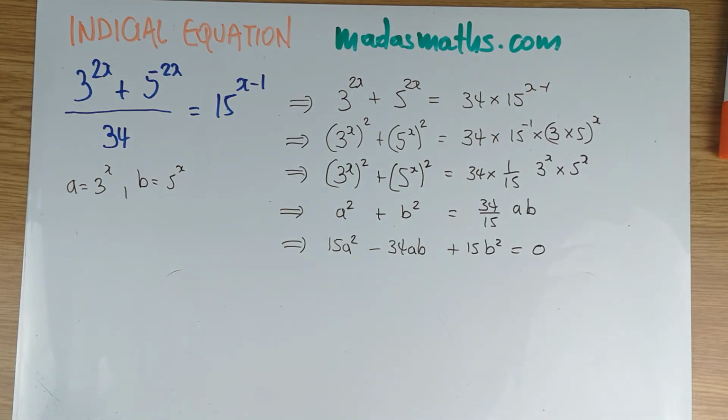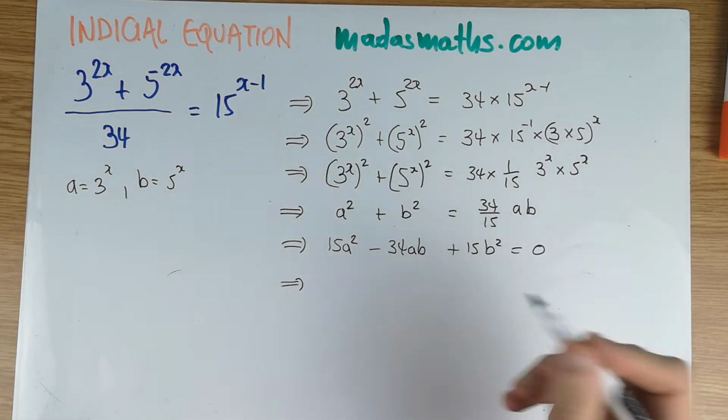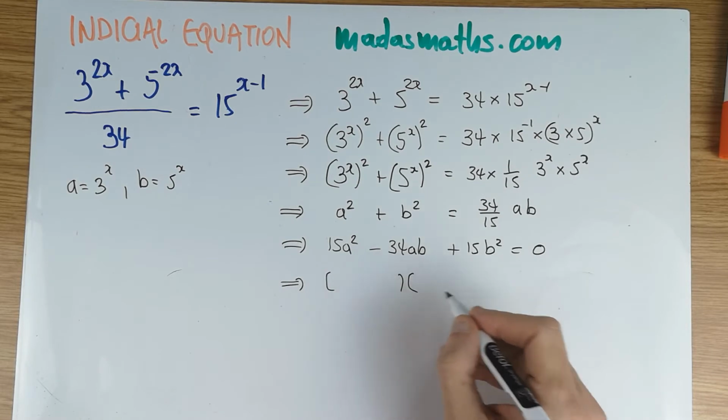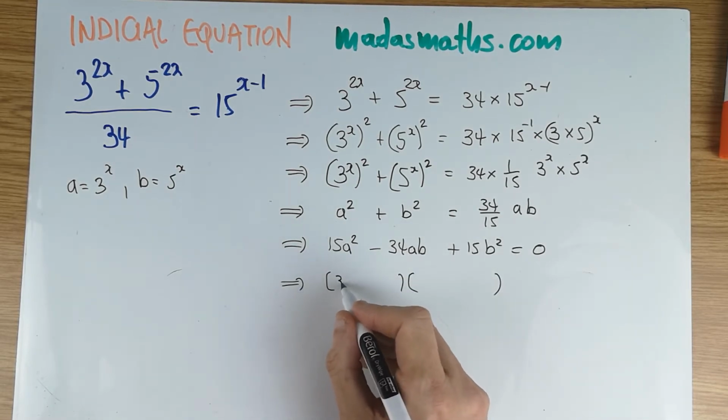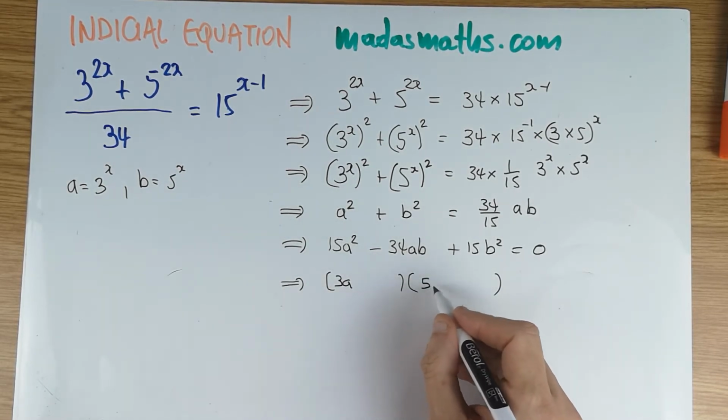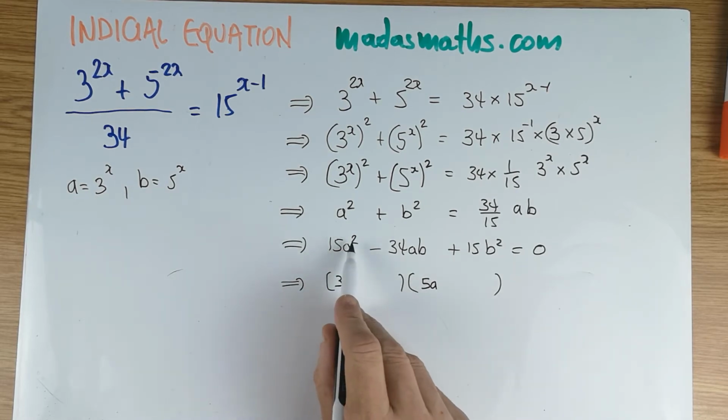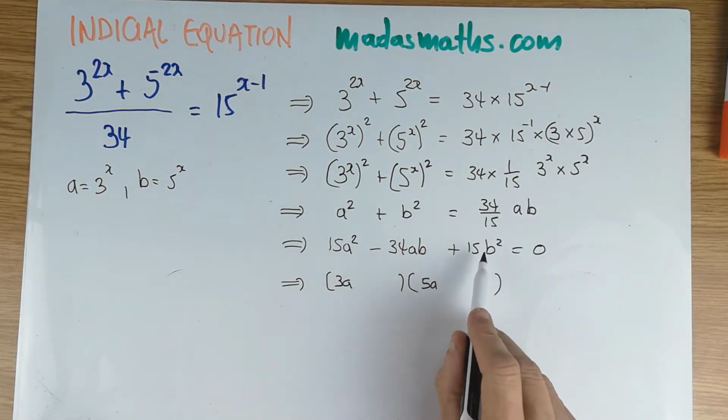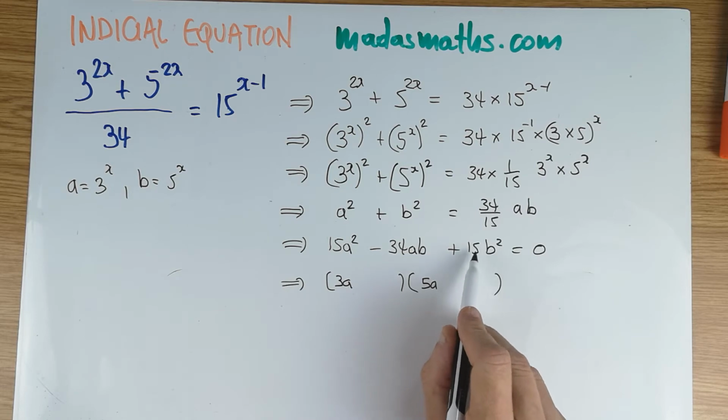Now, this is a quadratic in a and b. Does it factorize? I cannot see a factorization for that. It's not that easy to see, but if we try, because that's the only way really we could get some joy, let's say a 3a and a 5a to make the 15a squared, and this one has to be similar.